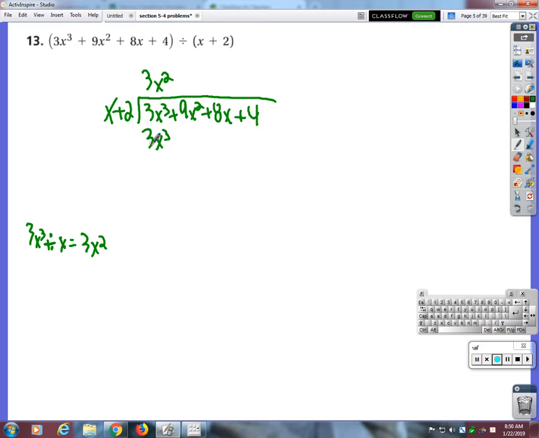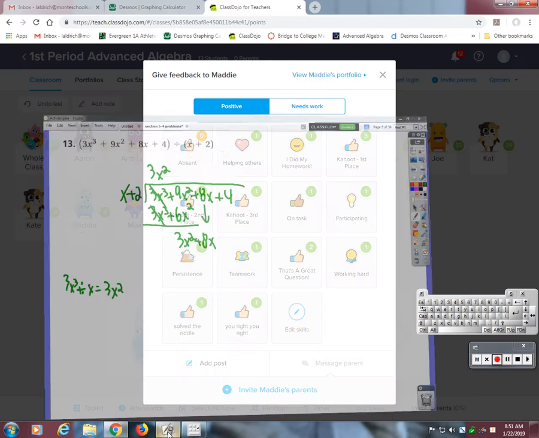We want these to match, okay? And then 3x squared times 2 is 6x squared, okay? All right, so then these cancel. 9x squared minus 6x squared is 3x squared. Bring down the 8x and start all over again.